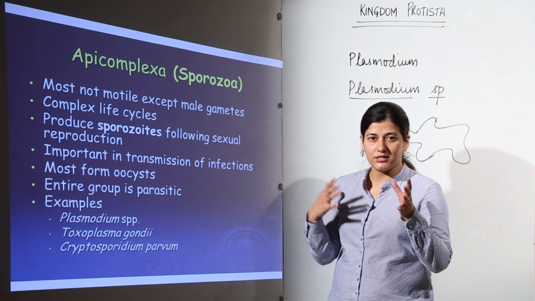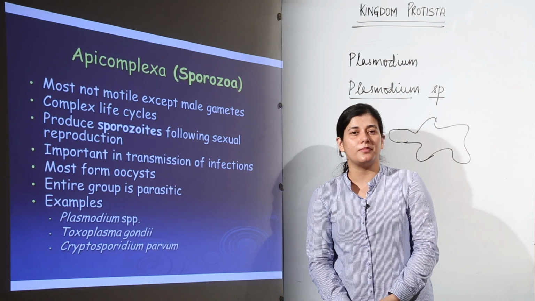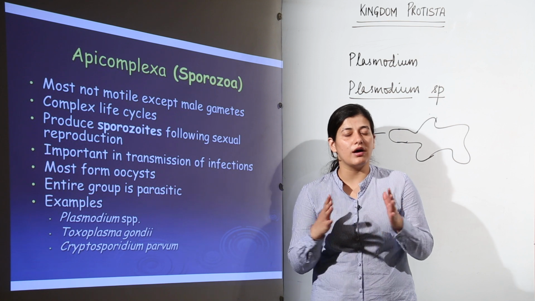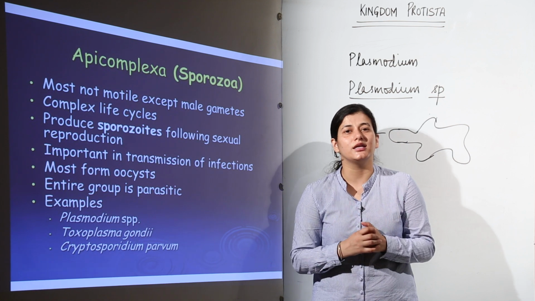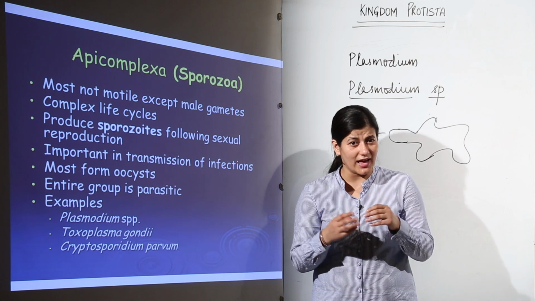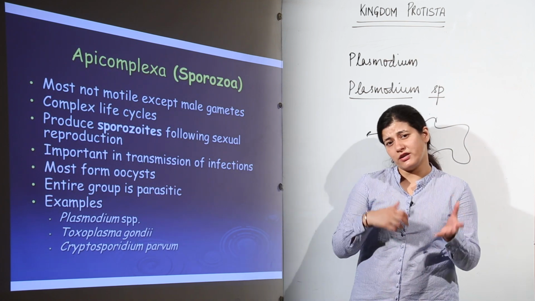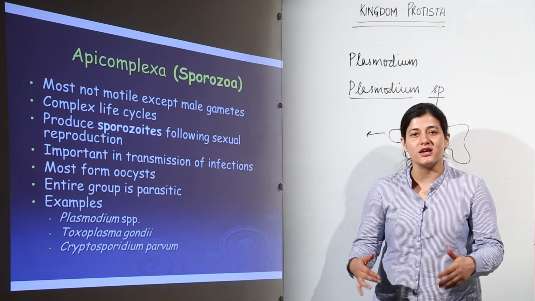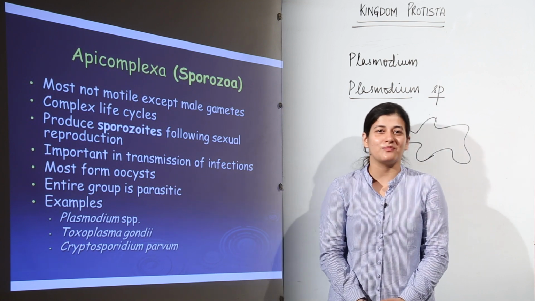I hope you are quite clear by now what Protista is all about, and also you have to keep in mind one thing, that these are all taxonomic misfits, and if you can just replay and try to recall the characteristics and learn them by heart, it would be the best and most beneficial for you.